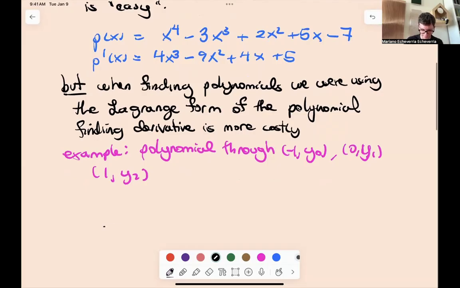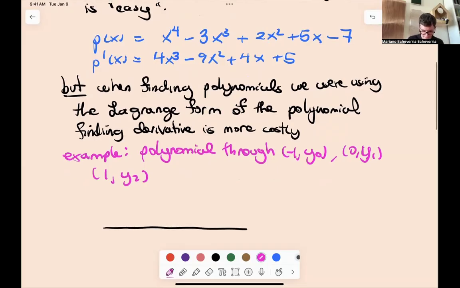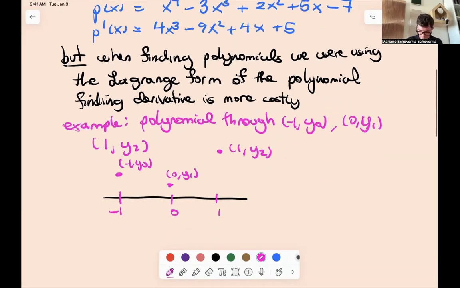So you have the number line, you have -1, 0, 1, and then you have some y values that you want the polynomial to pass through, right? So this is -1, y0, 0, y1, 1, y2, right? If you're trying to find a polynomial that goes through these points, right?